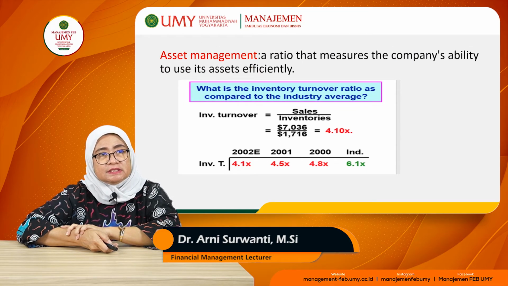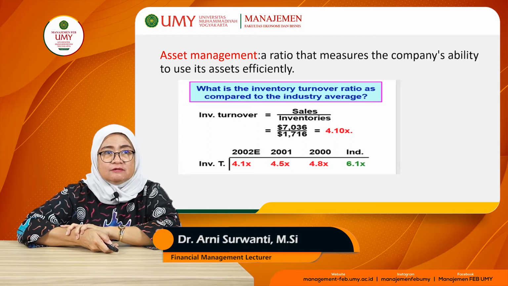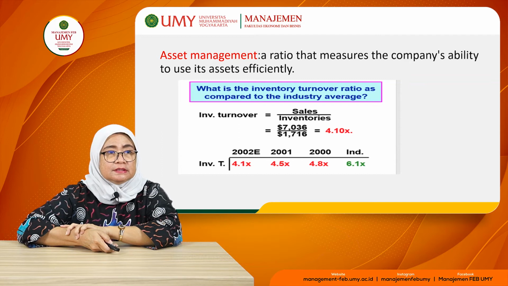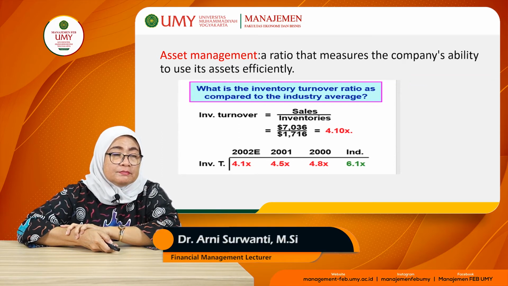Asset management. Asset management is a ratio that measures the company's ability to use its assets efficiently. What is the inventory turnover? Inventory turnover can be measured by sales divided by inventory. We can compare the ratio of the company with historical data or with industry data.